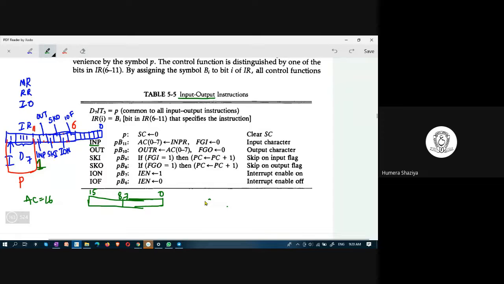AC 0 to 7, you are trying to access this part of AC. And you are trying to fill it with the contents of INPR. There is an INPR register. It receives value from where? Through interface, it receives value from keyboard.